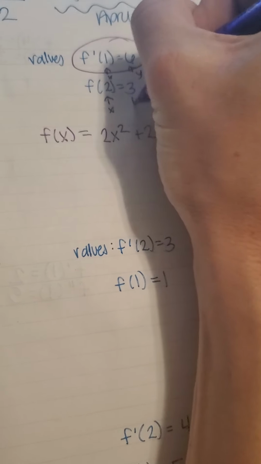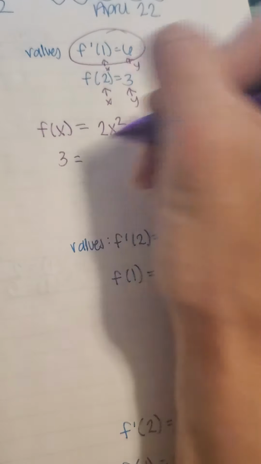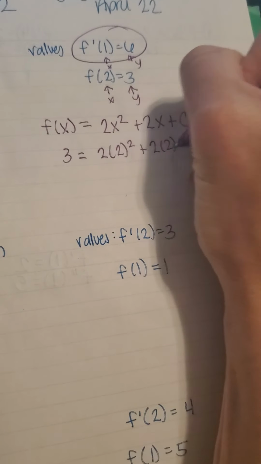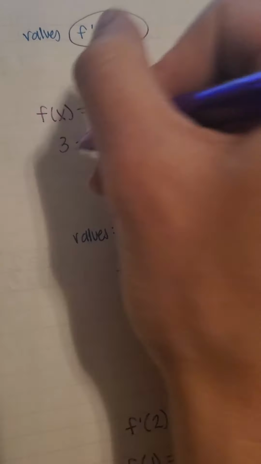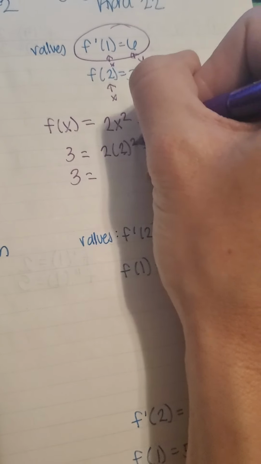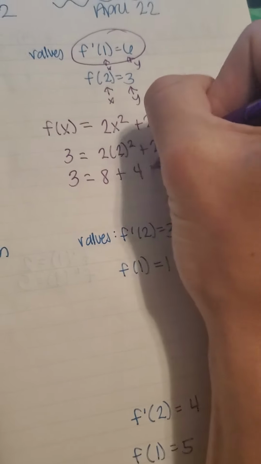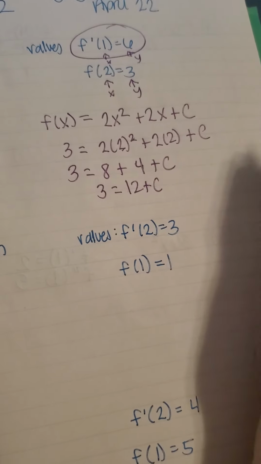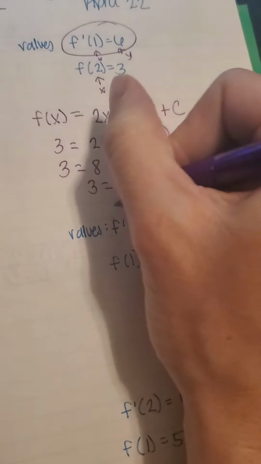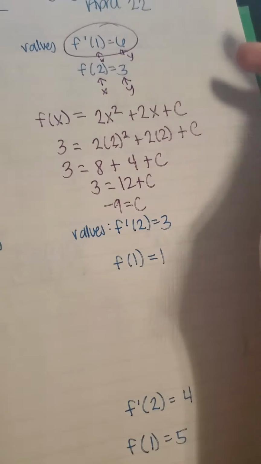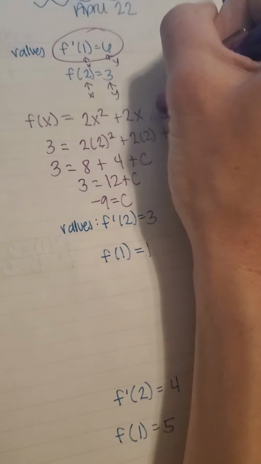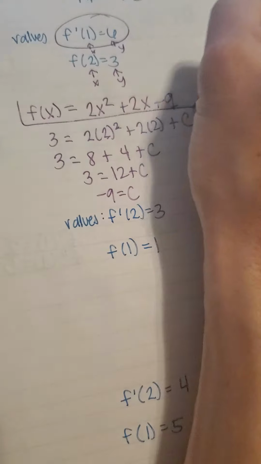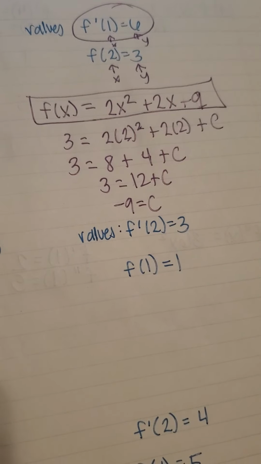So this is my x, and that's my y. So 3 equals 2 times 2 squared plus 2 times 2 plus c. So 3 equals 8 plus 4 plus c. So 3 equals 12 plus c, which means that that value is going to end up being -9, and go and replace it. There's my original function.